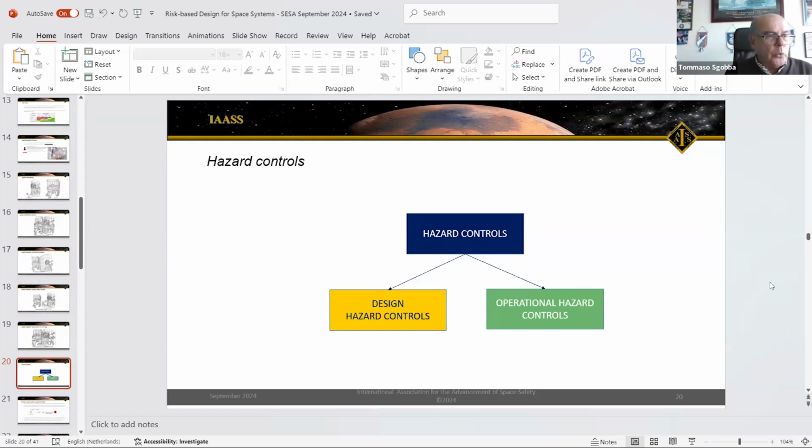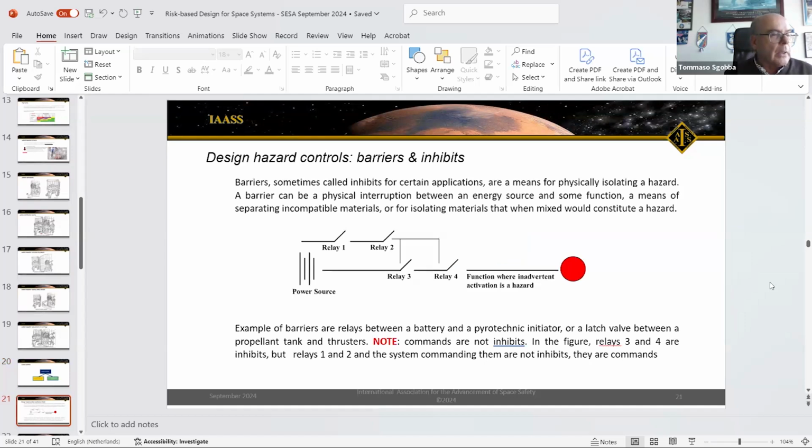There are two kinds of hazard control: design hazard control and operational hazard control. We talked a little bit by example up to now, but if we go now in more detail, the hazard controls that we use in space system design are barriers and inhibits.